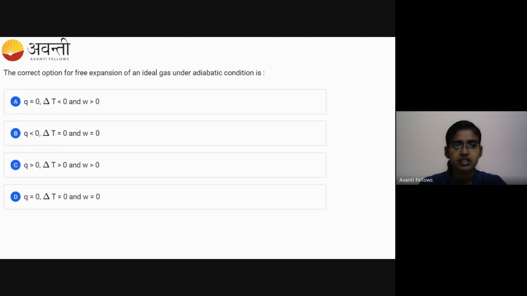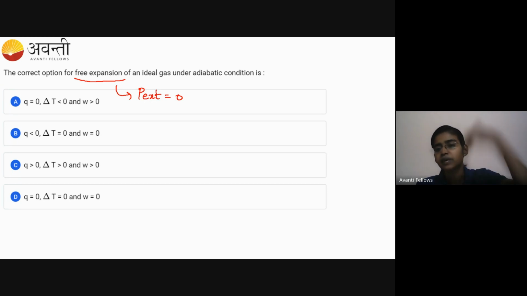Coming to one more question. The correct option for the free expansion of an ideal gas under adiabatic condition is, which can be the correct answer? So what is meant by free expansion? In case of free expansion, the external pressure will be equal to 0.